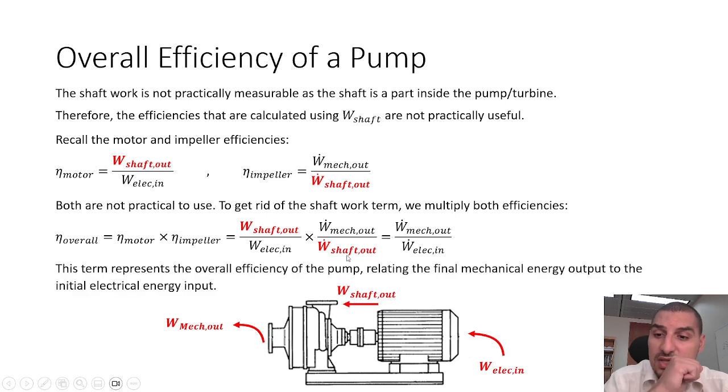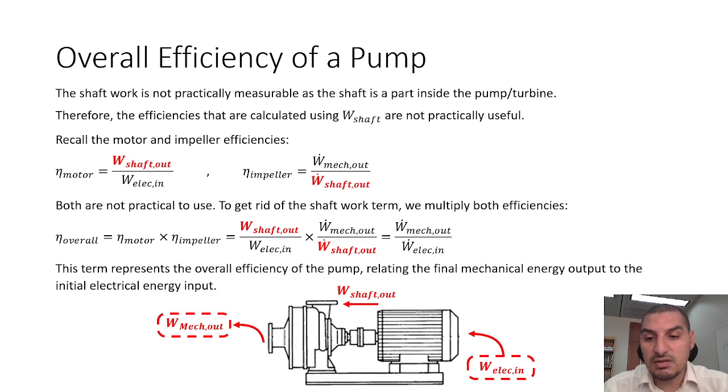This term relates the output of the whole device over the input of the whole device. So it's an efficiency, but it's not the efficiency of a single part of it. It's the efficiency of the whole device, of the whole pump. So this relates the final output to the initial input without dealing with what is in between.